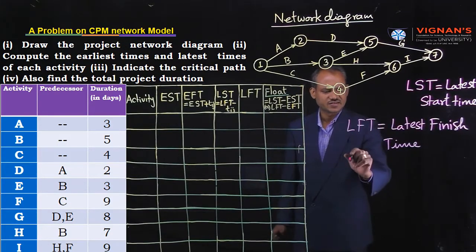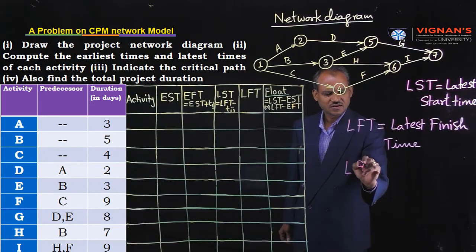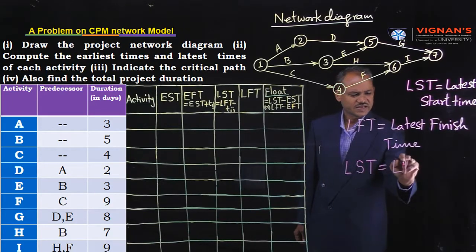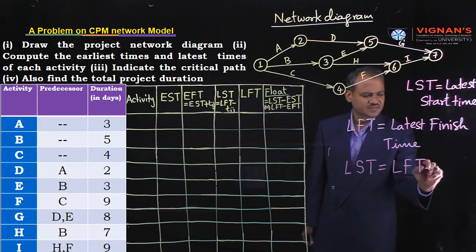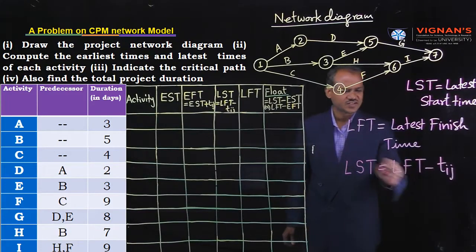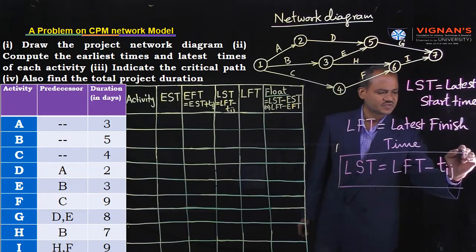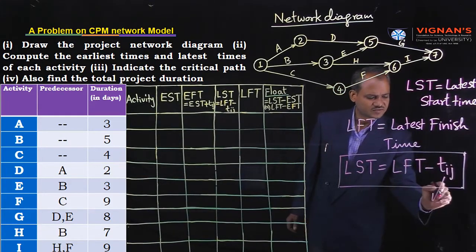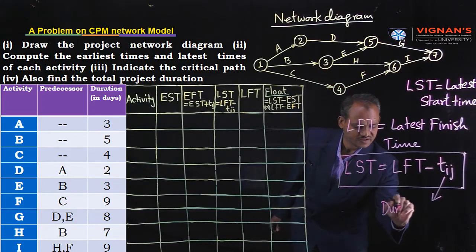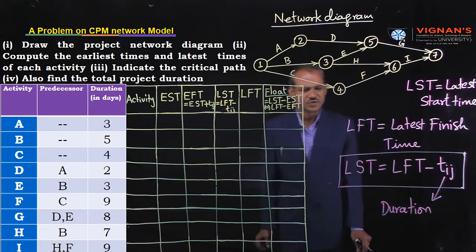You have to remember this formula: LST is equal to LFT minus TIJ, where TIJ means the duration of each activity, or the time of that activity.